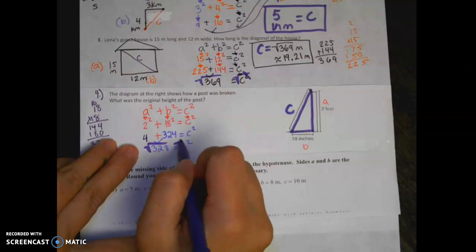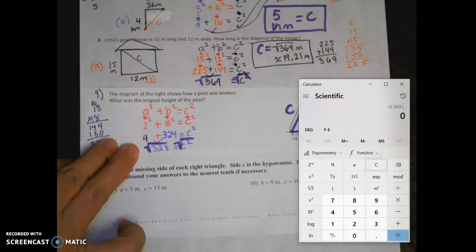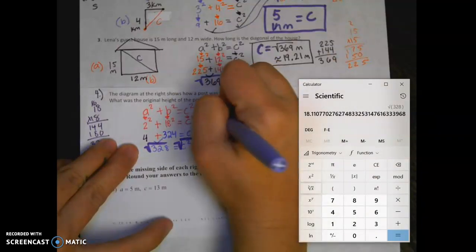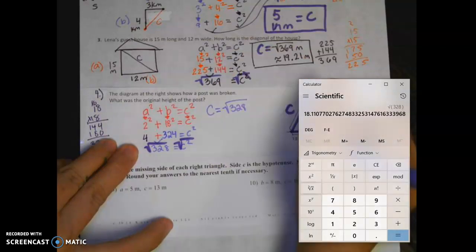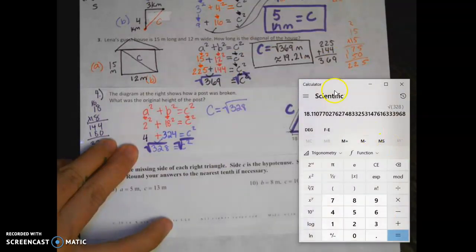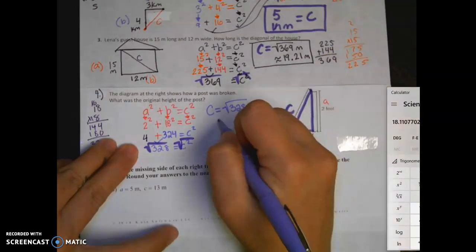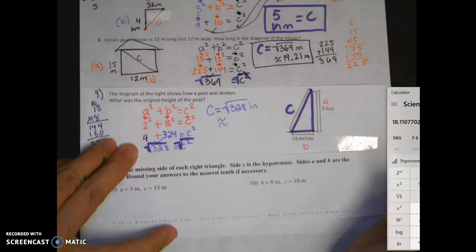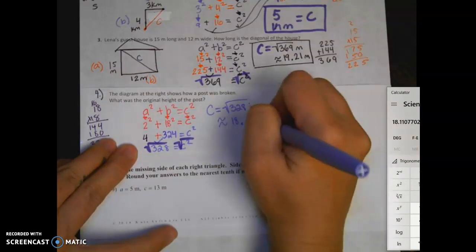Last step, square root them. And let's see what we get. Not a perfect square. So C equals the square root of 328, and we're dealing with inches, or approximately, we get 18.11 inches.